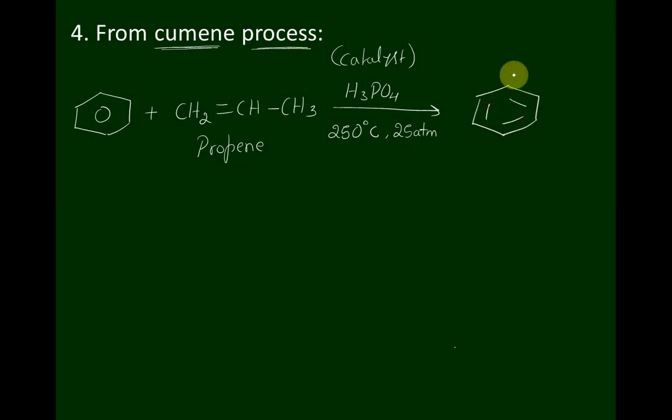Cumene is obtained. CH3, CH, CH3. Commonly it is called isopropyl benzene. Commercially it is known as cumene.